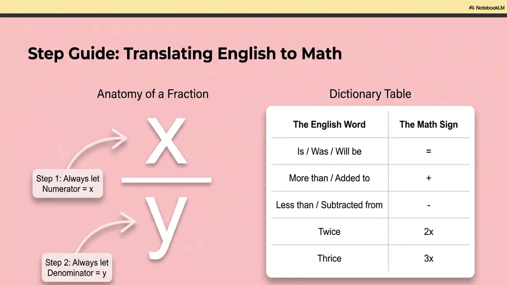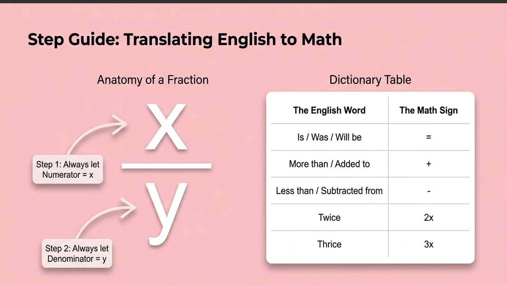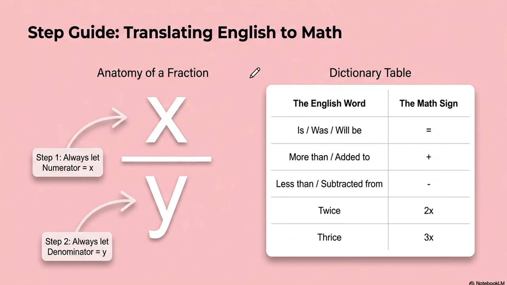Before starting the examples, look at the trick that we use to solve word problems. In fraction type word problems, we have two things. One is the numerator and the other is the denominator. We will assume the numerator to be x and the denominator to be y, and there are some words you have to remember. Whenever is, was, will be is used, in the maths language we use the sign equal to.